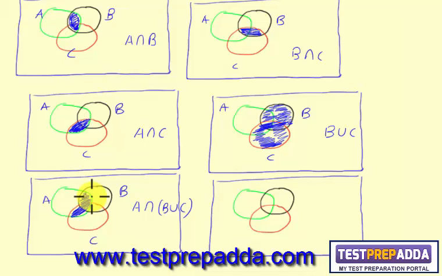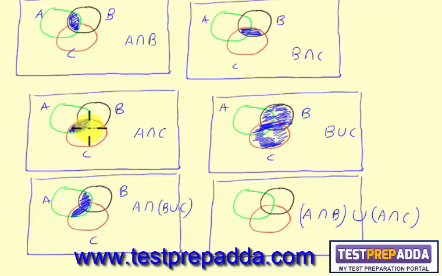Okay. Now, if I try to write (A intersection B) union (A intersection C), then as you see, A intersection B is this portion and A intersection C is this portion.